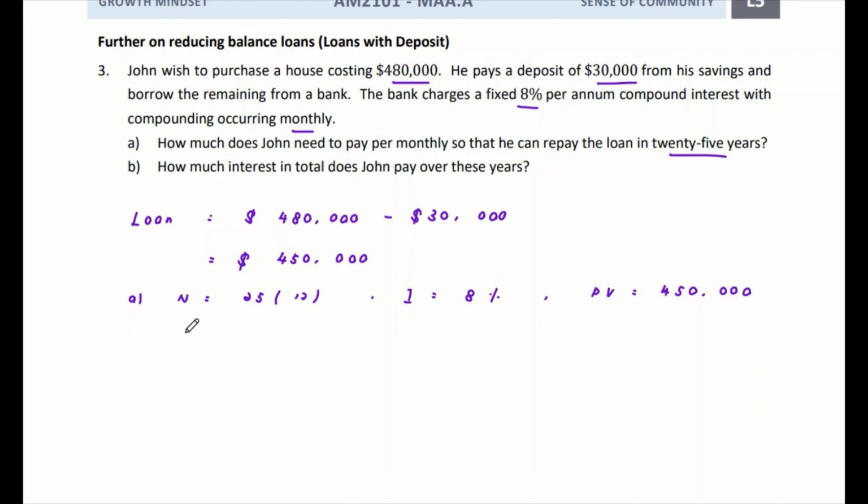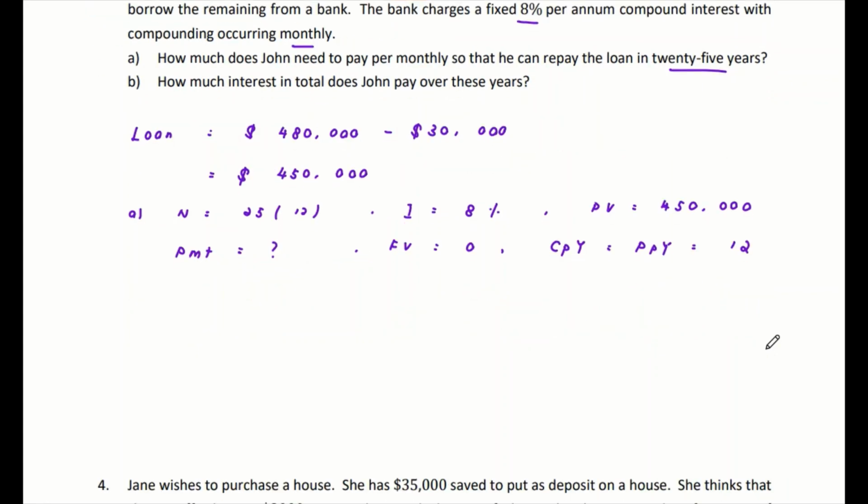Then PMT is what we want to find. To repay the loan, the future value will be 0. For PPY and CPY, the interest rate and the repayment are done monthly, so that's 12 times per year. By having all this information, let's use our calculator to put in all the values here.